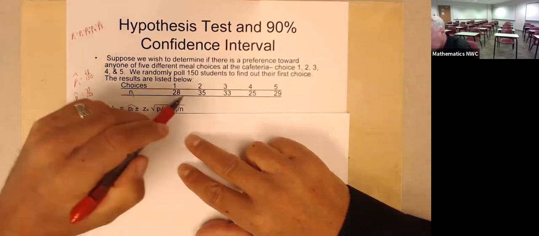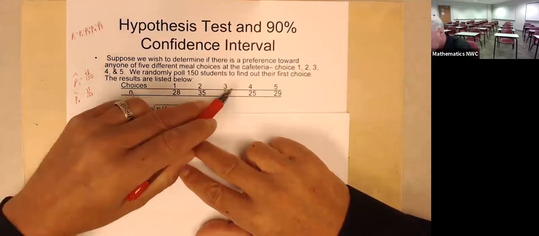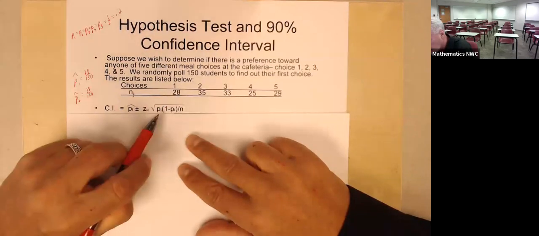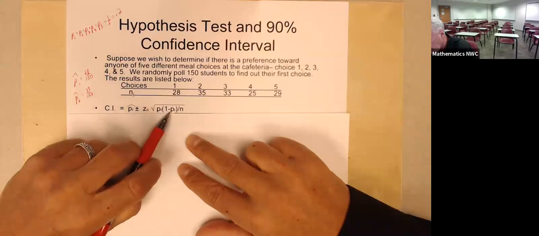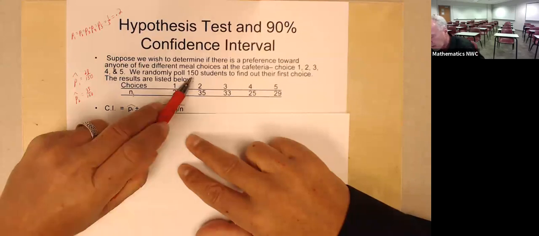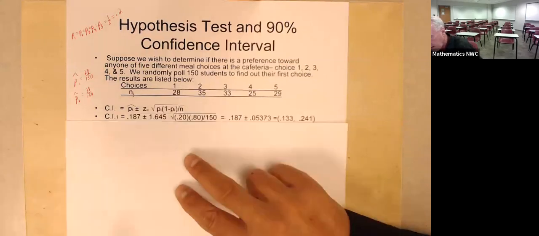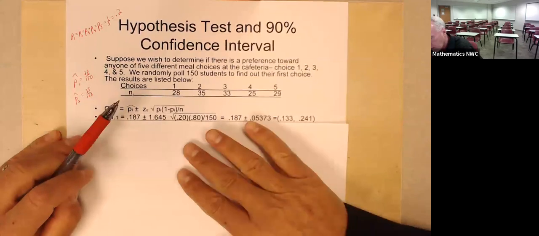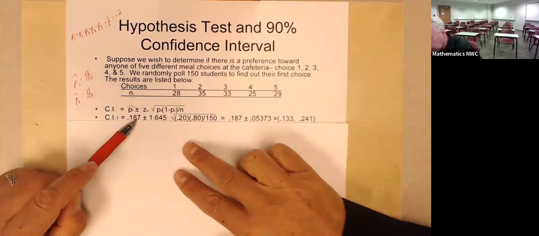There's 5 of them, that's 1/5, or 0.2. This would be 0.2, this would be 0.8, n would be the 150. So that's where we're getting all these numbers from. Okay? Proportion number 1, 0.187 is 28 divided by 150.